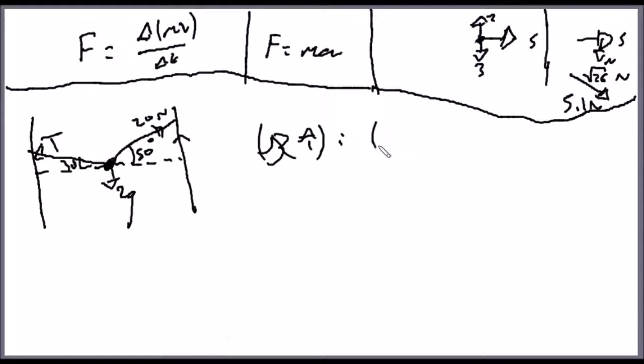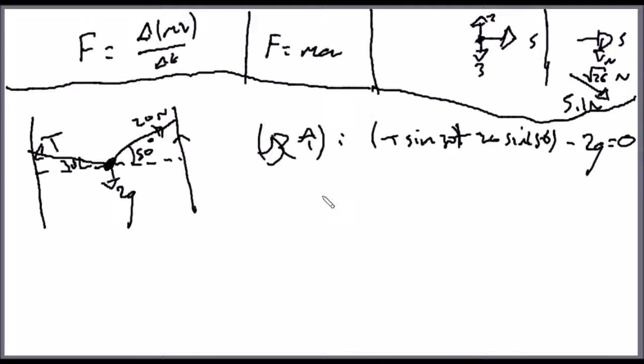This is going to be T times sine 30, added on to 20 sine 50, minus 2g, because that's the opposite direction. And as the forces are in equilibrium, there's no acceleration going on here, so that's just 0.